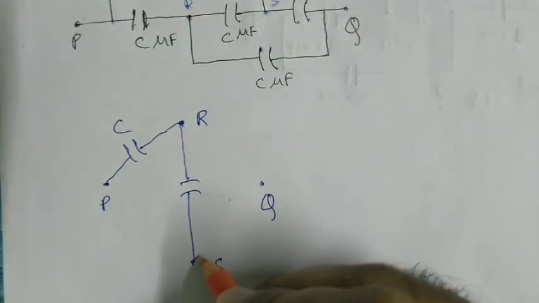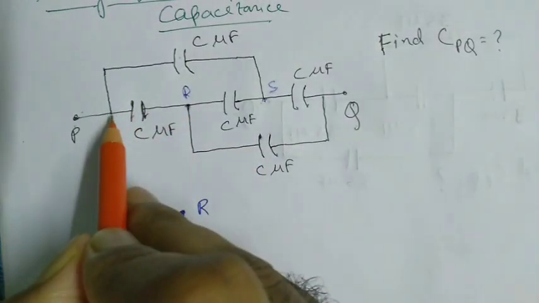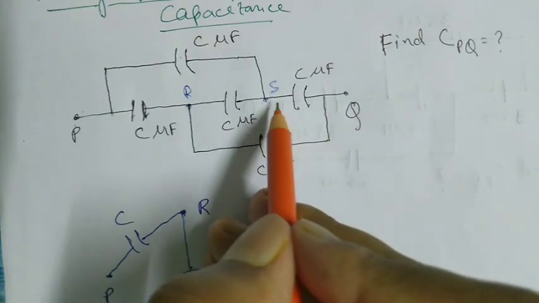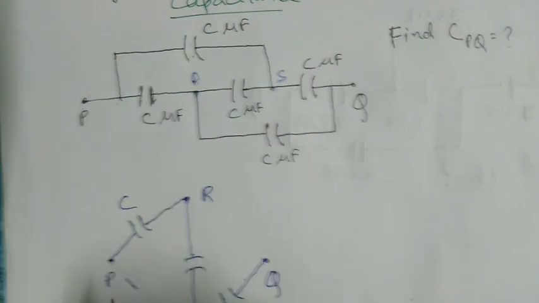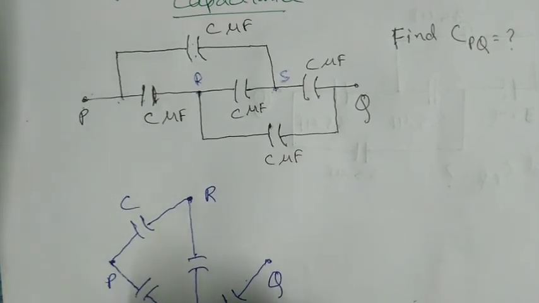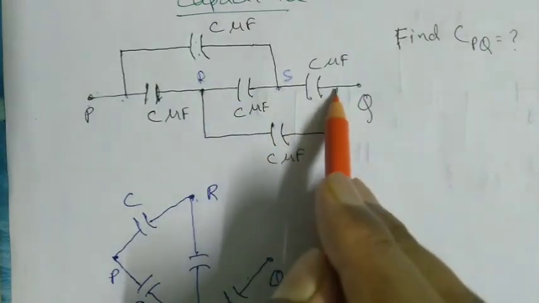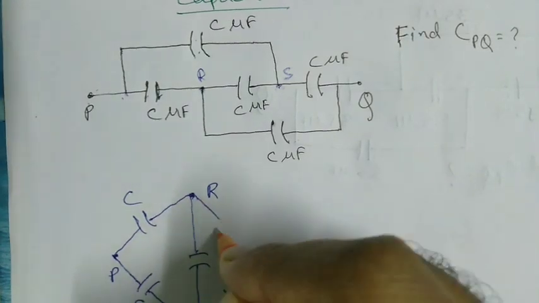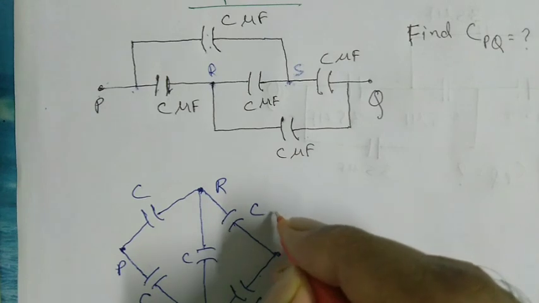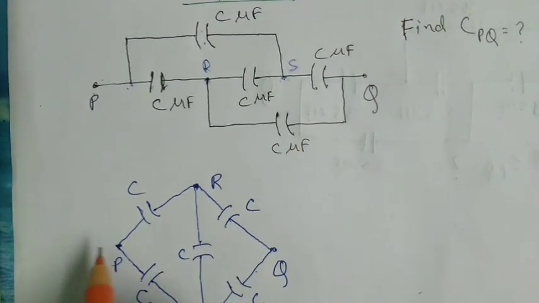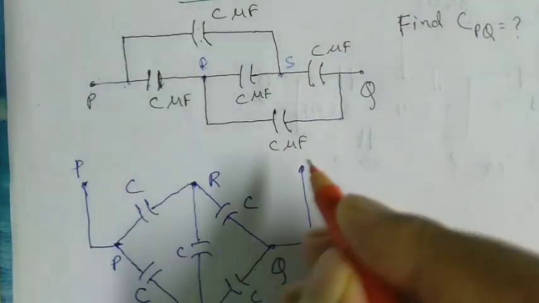Now this capacitor is between P and S with the value of capacitance C, and between R and Q, there is one capacitor with capacitance C. So this is C, this is C, this is C, all in microfarad, and we have to find out the equivalent capacitance between these two terminals, P terminal and Q terminal.